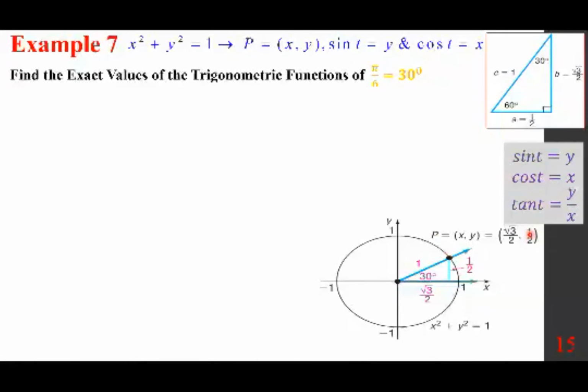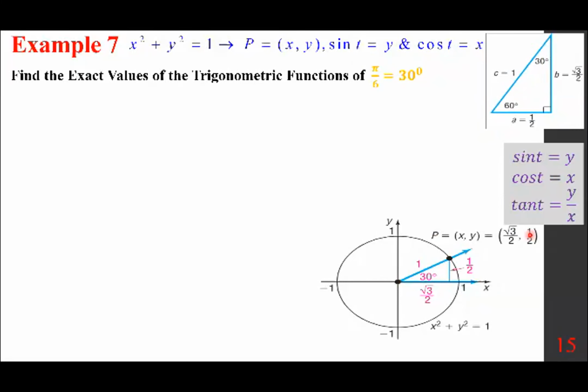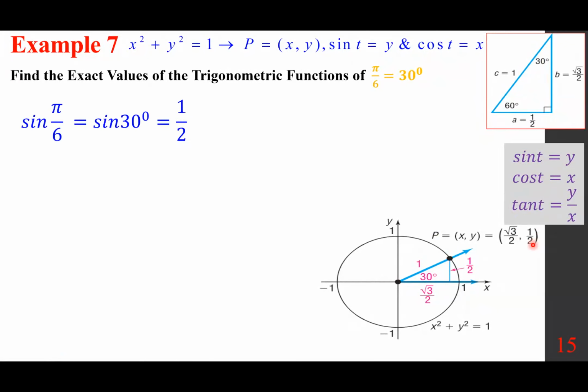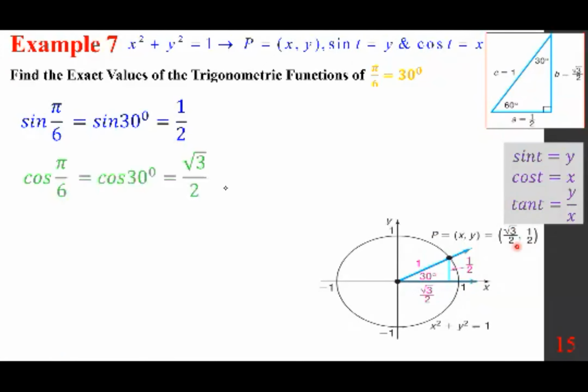So sine of pi over 6 or 30 degrees is the y, which is 1/2. The reason I write the sine first is because tangent is sine over cosine. This is the cosine. So therefore, cosine of pi over 6 or 30 degrees is square root of 3 over 2.